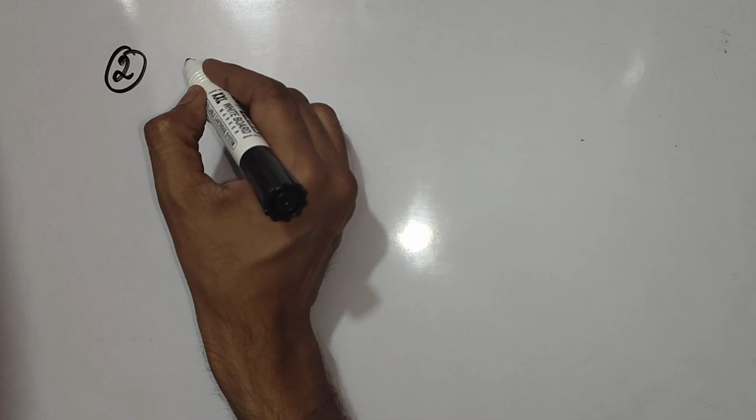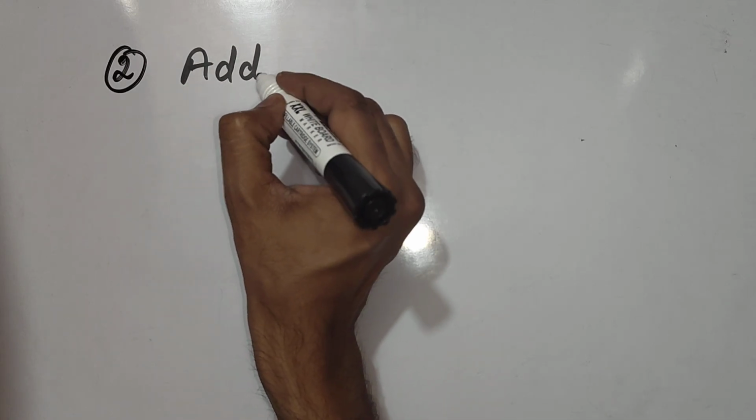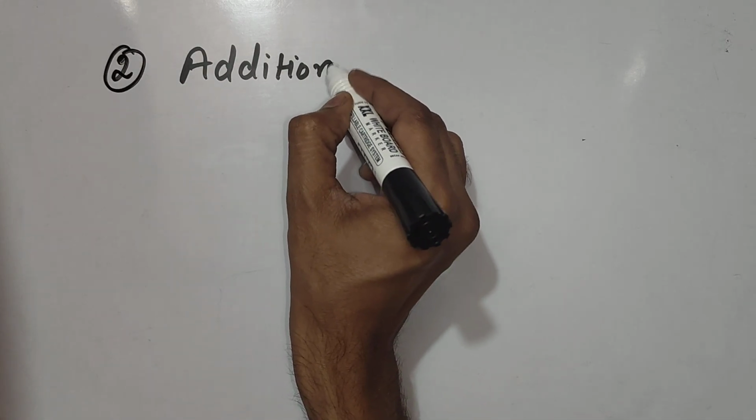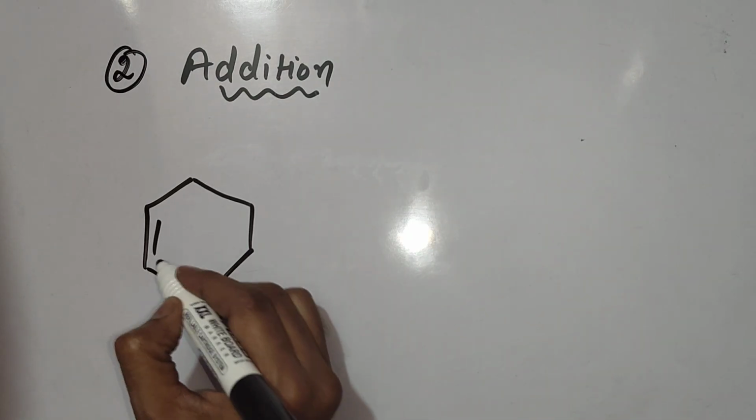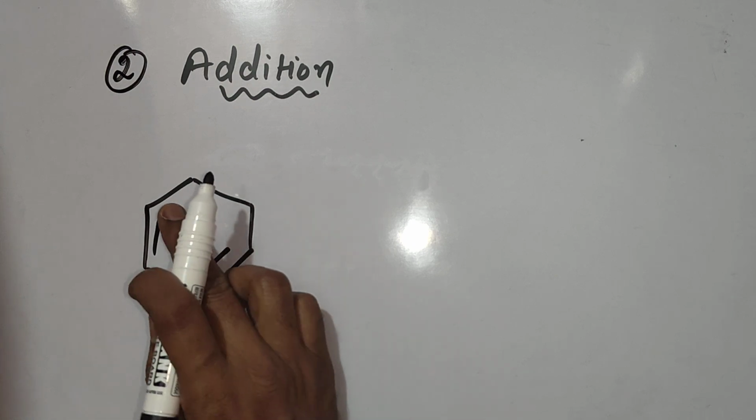Now next step. Second step, addition. Now who will be added? Let's check. The intermediate was generated over here. First we need to understand the feature of this intermediate.